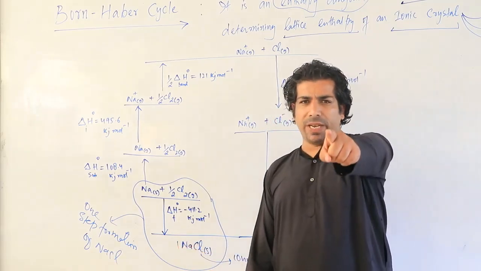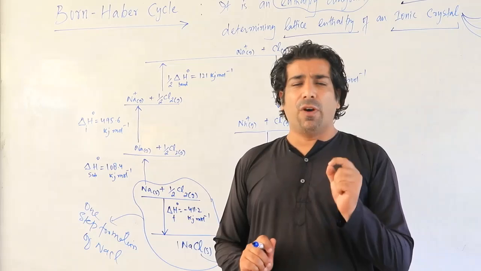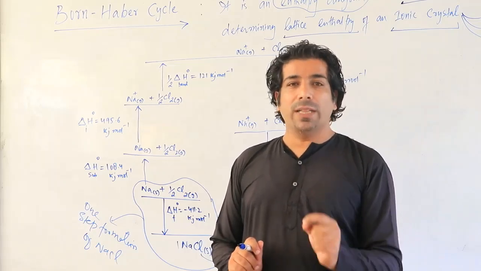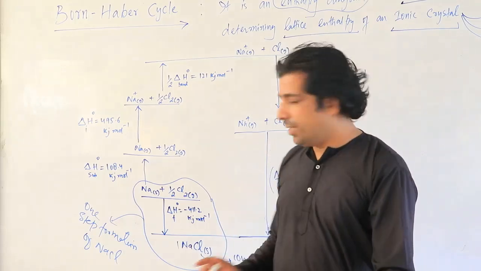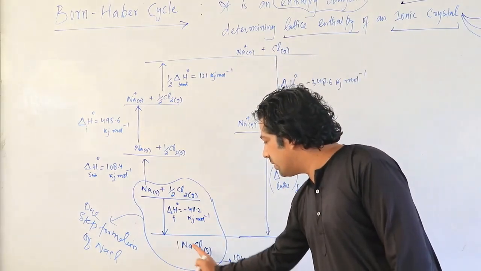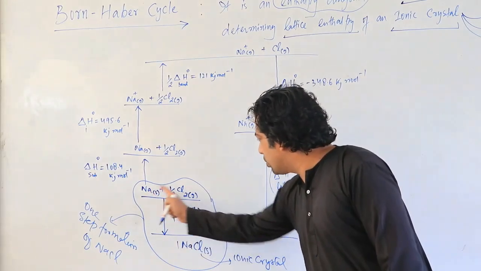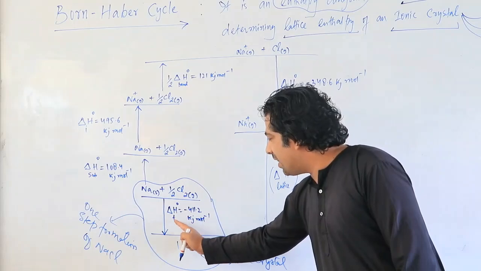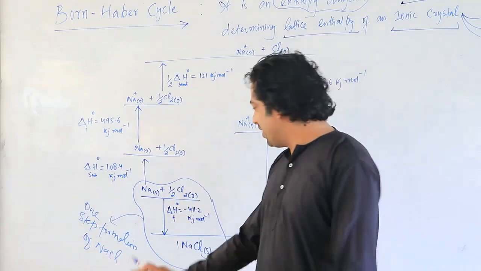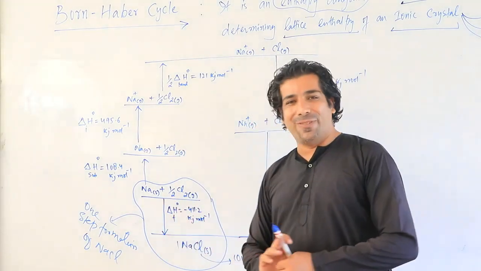I told you in previous classes, the formation of 1 mole of a substance from its constituent elements is known as the standard enthalpy of formation, my dear friends. So this is the standard enthalpy of formation.